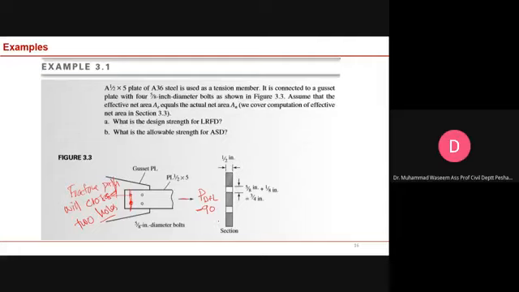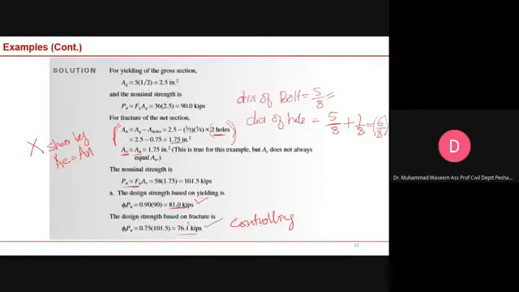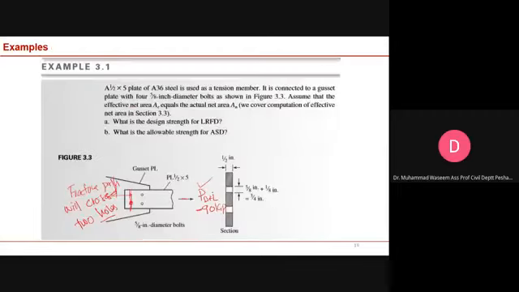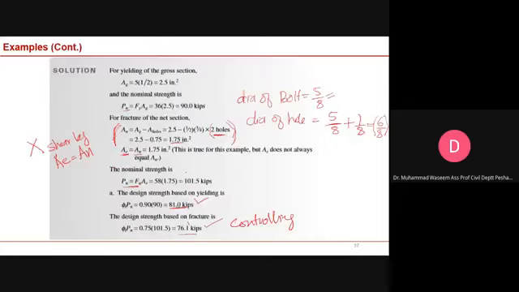Okay. Yes, yes, no, sorry, I got it wrong. This is Pu. This is Pu, okay? This is not Pn. So this is 90, the nominal capacity, okay?